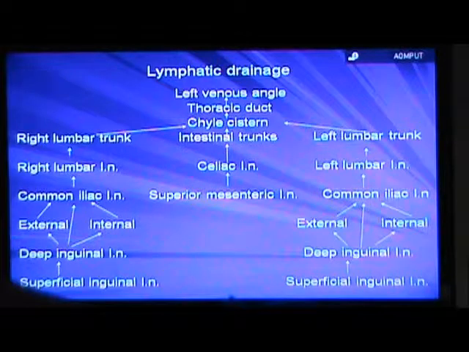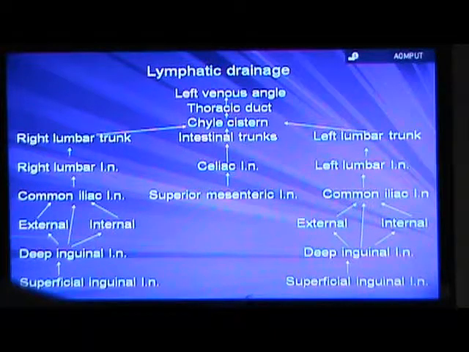But from the parts of the gastrointestinal tract, from the organs, we remember about the superior mesenteric lymph nodes, which drain to the celiac lymph nodes, and from the celiac lymph nodes we have the intestinal trunks.